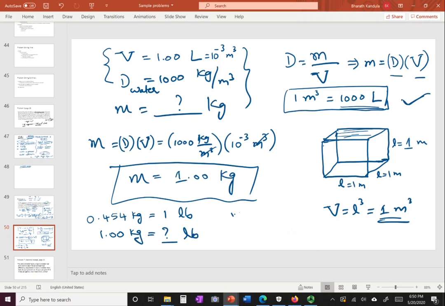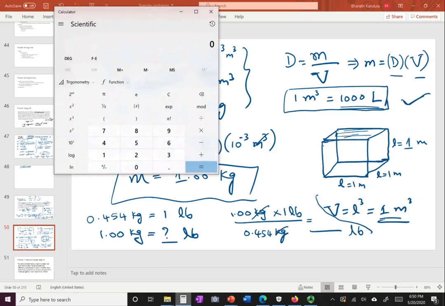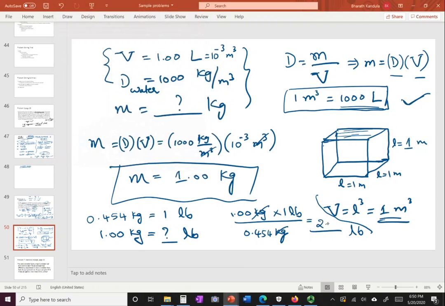So 1 kilogram times 1 lb divided by 0.454 kilograms. Kilogram gets cancelled, you get the result in pounds. So 1 divided by 0.454, so you will get 2.20 lb. So 1 liter water is equal to 1 kilogram mass, that is equal to 2.20 pounds.